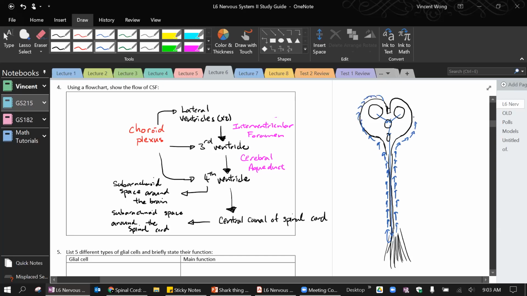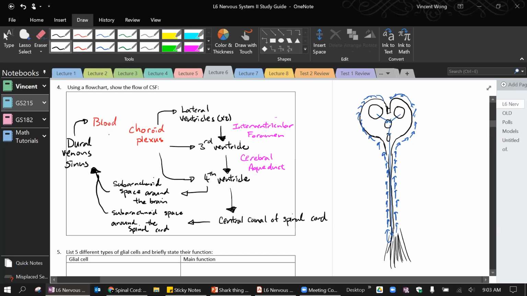So eventually the entire central nervous system will be cushioned by the cerebrospinal fluid. And then ultimately, it will go to the dural venous sinus, where it's going to be drained and return to the blood.